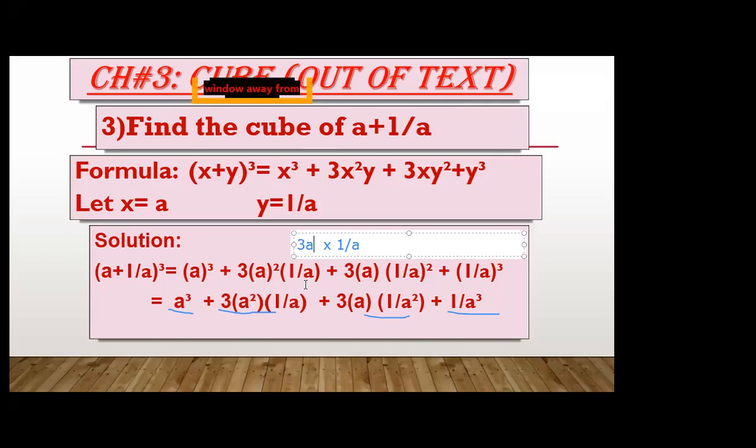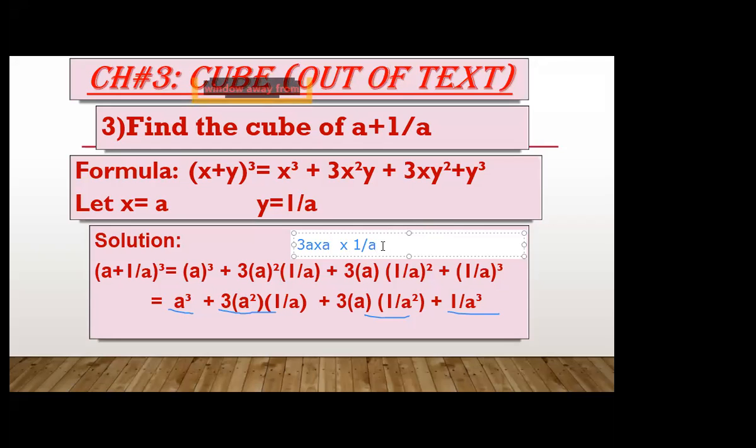Beta, 3a square is there. What is the meaning of a square? A square means that there are two a's. A into a is a square. A square means a is multiplying twice. That means in the numerator 3a into a is there.